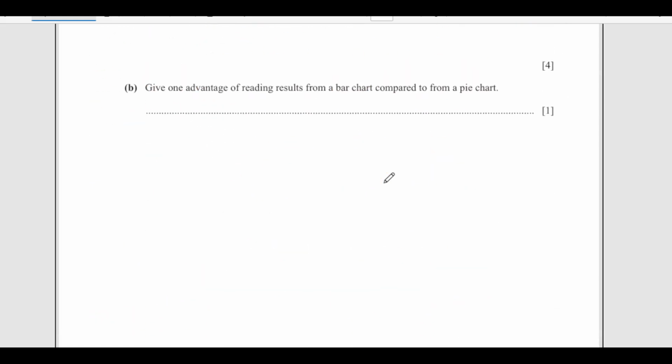Now, next: give one advantage of reading results from a bar chart compared to the pie chart. Bar charts give detailed information, and in a pie chart you have only the angle.